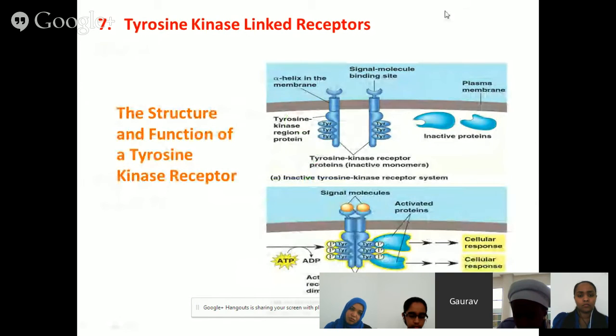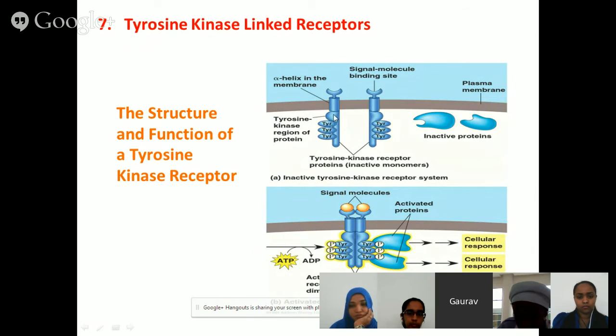Now this figure is about the mechanism of tyrosine kinase linked receptors. You can see here there is a cell membrane. On the cell membrane, two monomers are present. You can see the pole-like structure. These are two monomers.